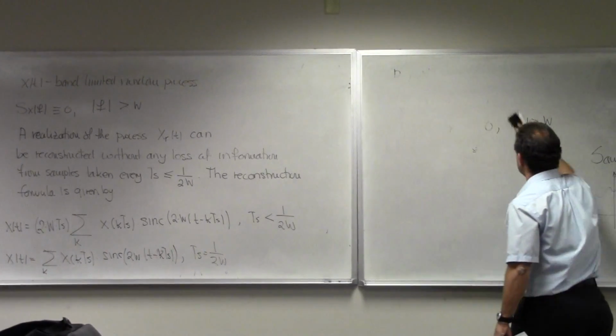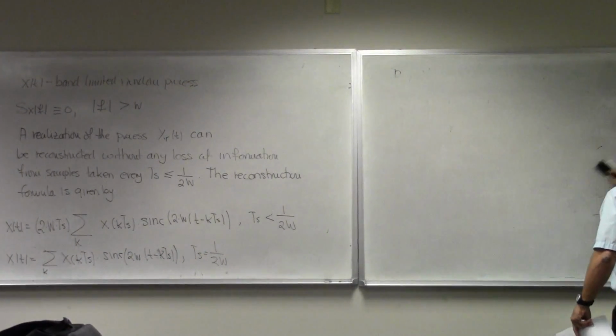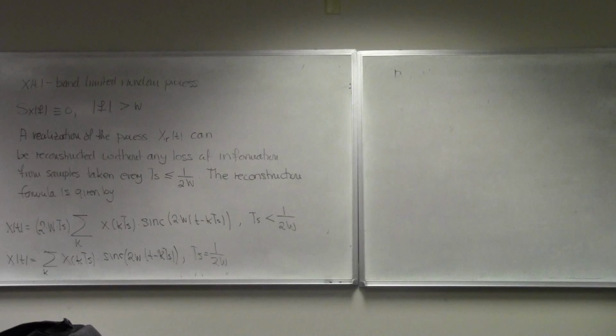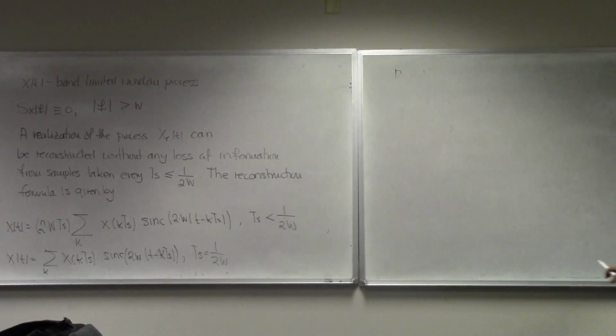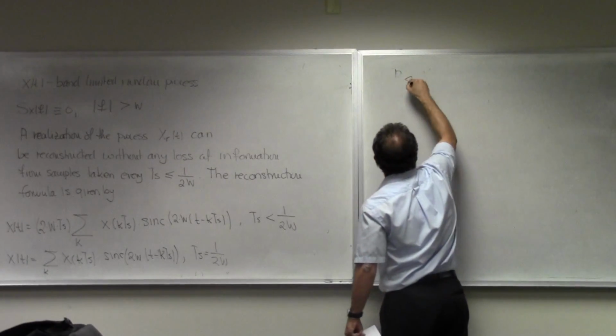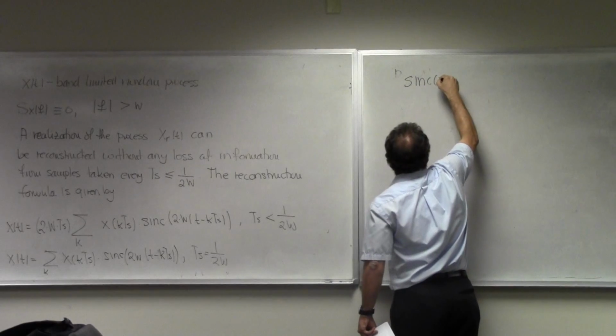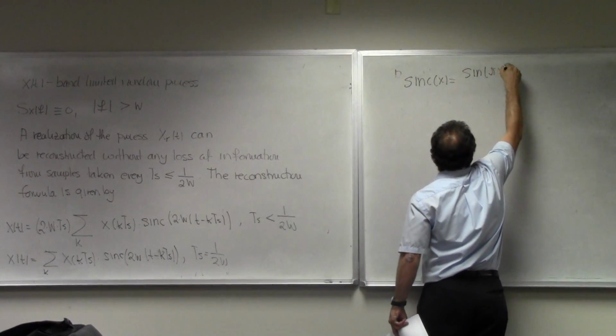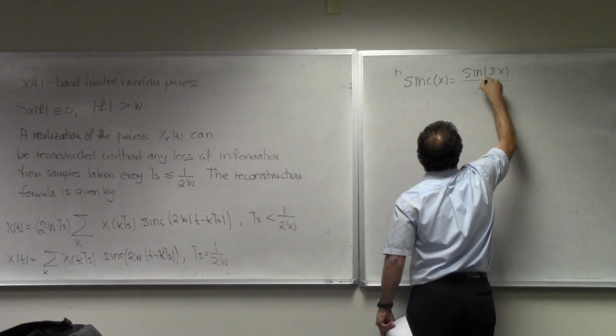In linear systems, sinc of x was sine x over x, and this is typically how it's defined in math. In this book and a lot of communication books, we define sinc of x as sine of pi x divided by pi x. Right?